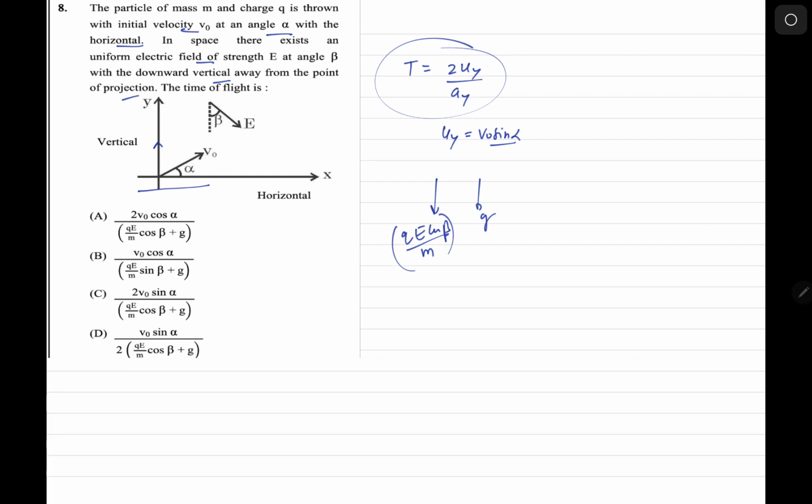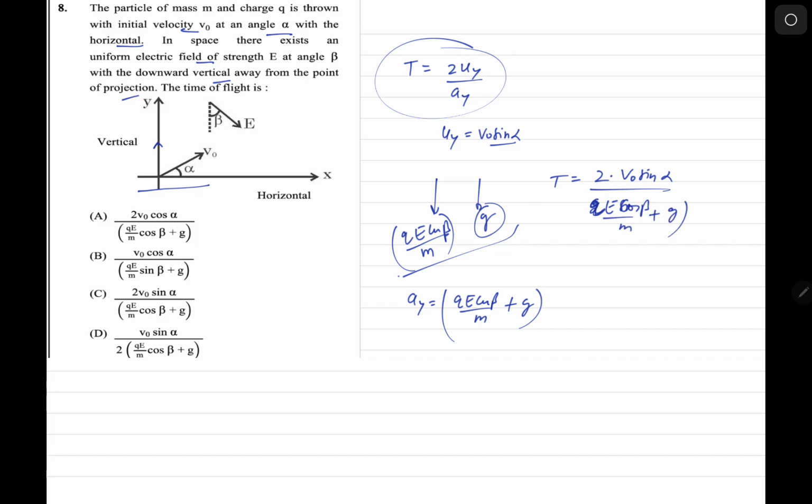This is the acceleration from the electric field side in downward direction, and this is the g which we know from the gravity side. So what is the net acceleration in y direction? We can say here qE cos beta by m plus g. So these two values we will put there and we'll write the time of flight as 2 into v0 sine alpha by qE cos beta by mass plus g. So this is the time of flight, and according to this option C is correct.